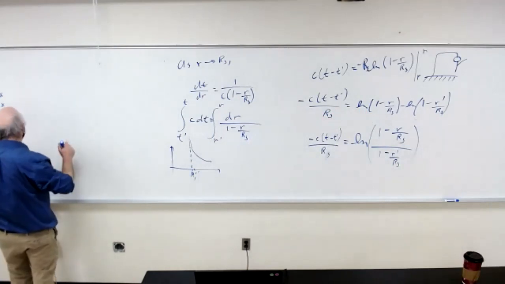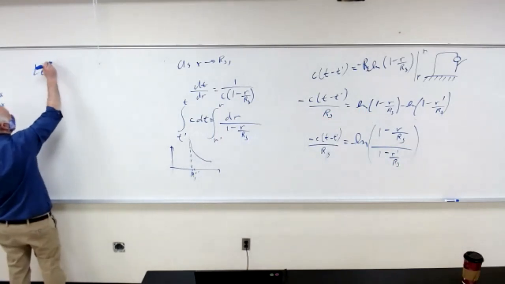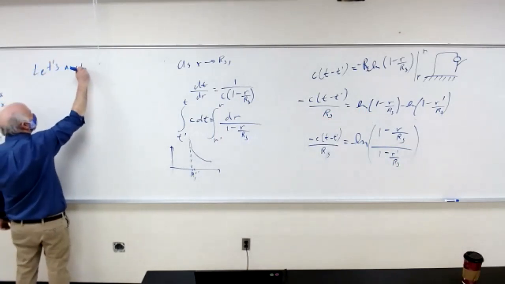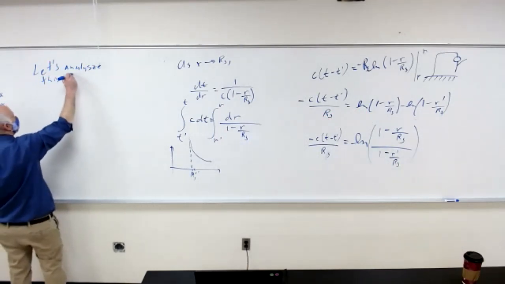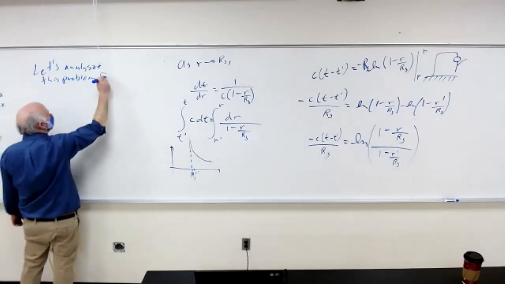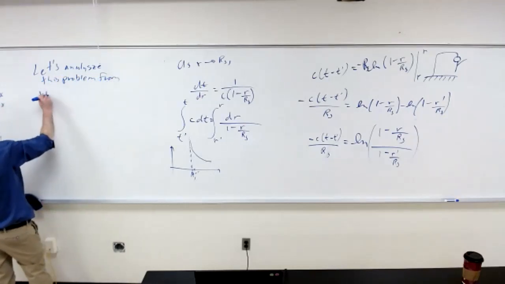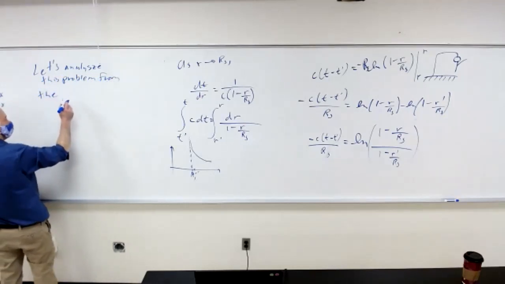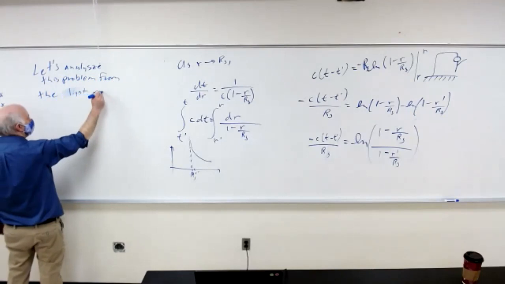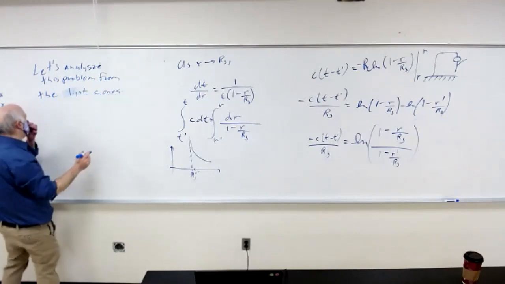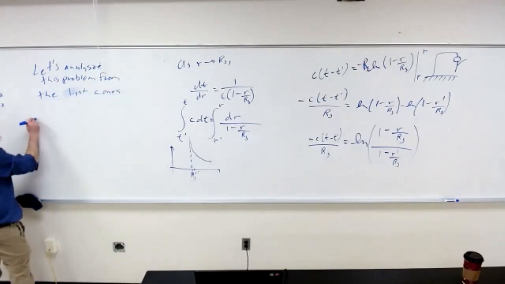So let's analyze this problem from the point of view of the light poles. Okay, so I write down our metric like this.